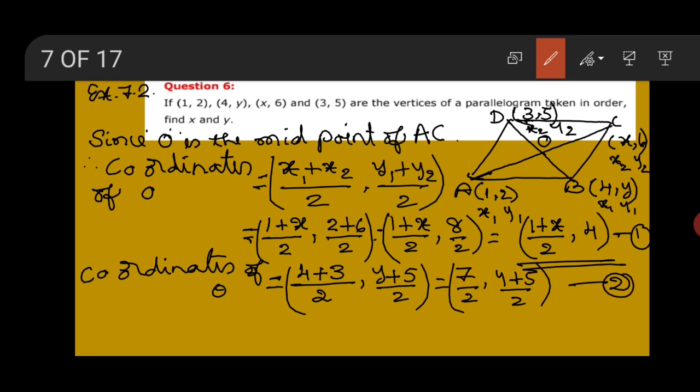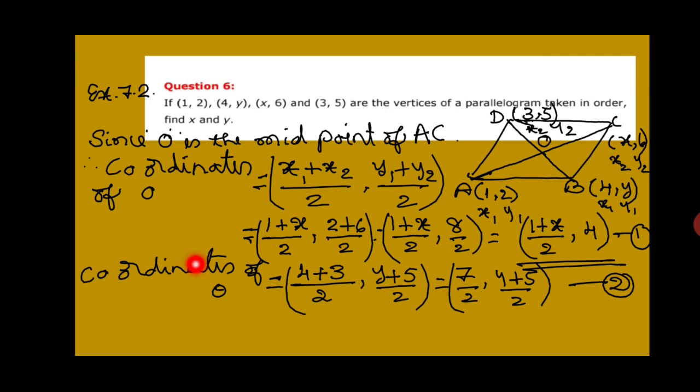Now from 1 and 2, since both the left hand sides are equal, coordinates of point O, here also coordinates of point O, therefore right hand sides also equal, therefore equate now. (1 plus x) by 2 is equal to 7 by 2 and 4 is equal to (y plus 5) divided by 2.